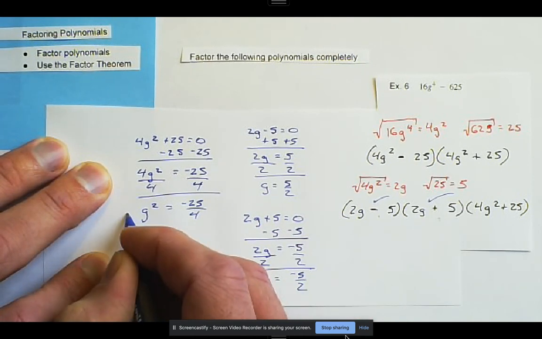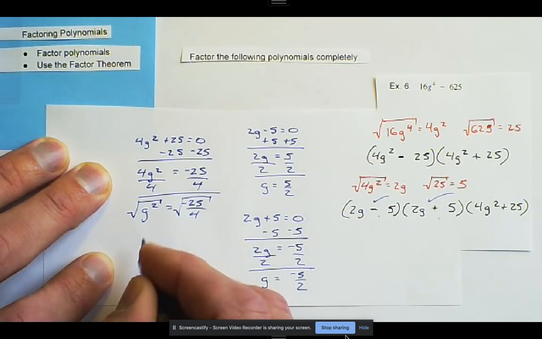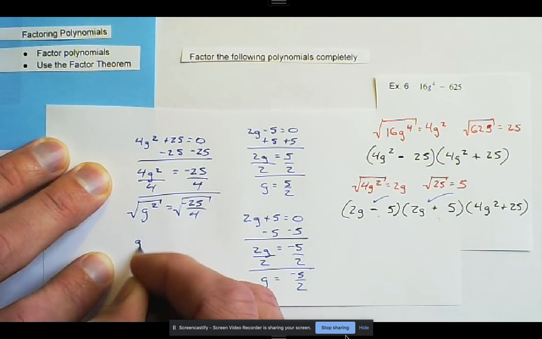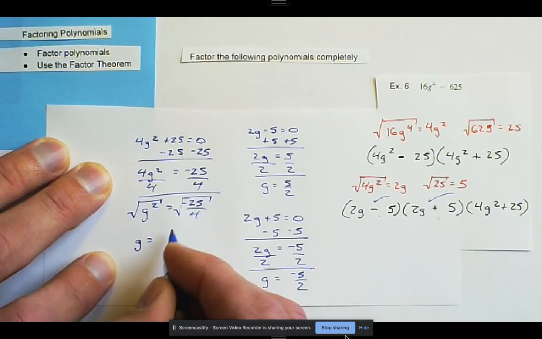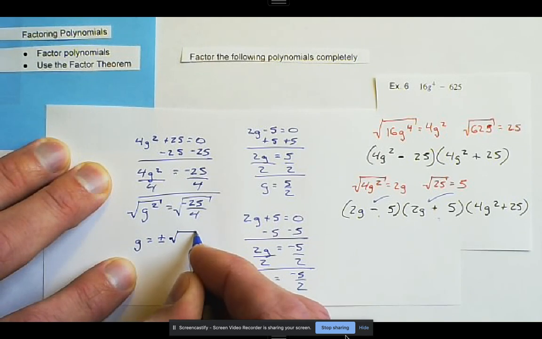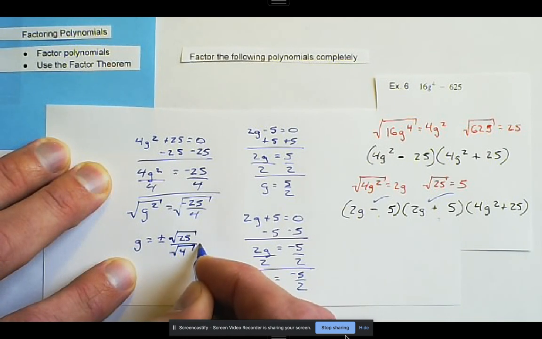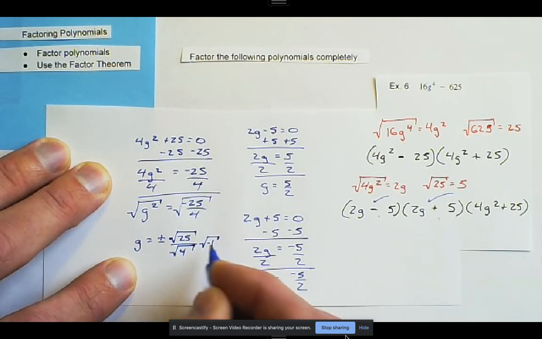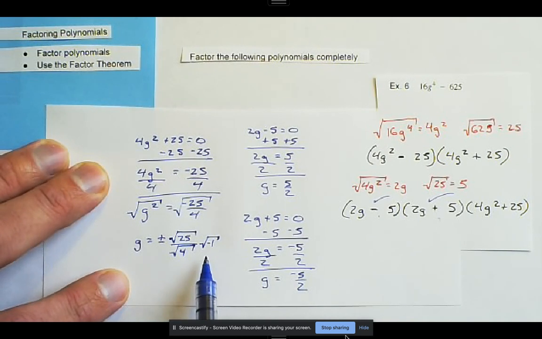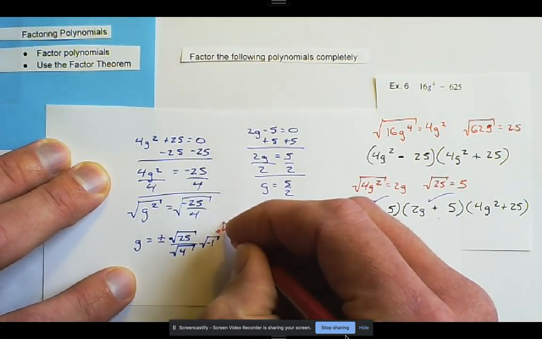And to get g by itself, we take the square root, and we get g. Because we were solving and we took the square root, we have to do plus or minus, and that is going to be equal to the square root of 25 over the square root of 4 times the square root of negative 1. We know that the square root of negative 1 is equal to i.